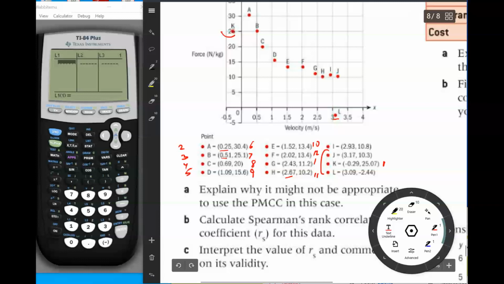Okay, so we have 12 data points, and we've numbered all the x values with red rankings. Now we're going to do the same thing with the y values.